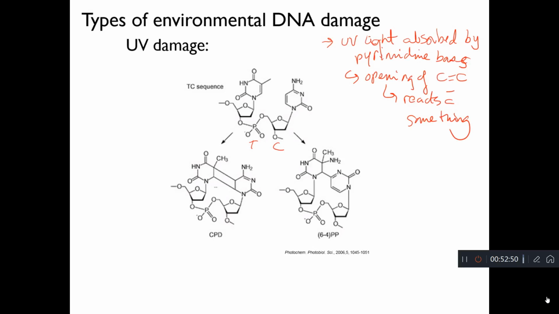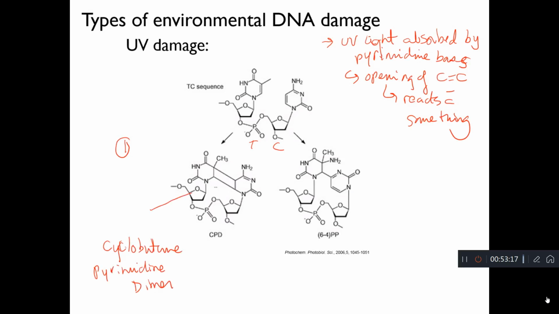The first is, and we'll look at it over here, that you can get this sort of 4-carbon ring form, which is called the CPD, or a cyclobutane pyrimidine dimer.